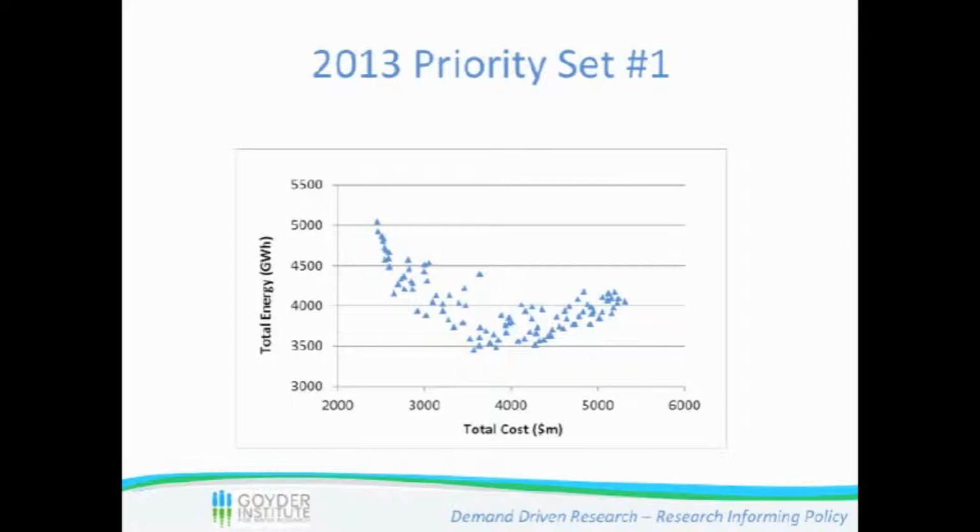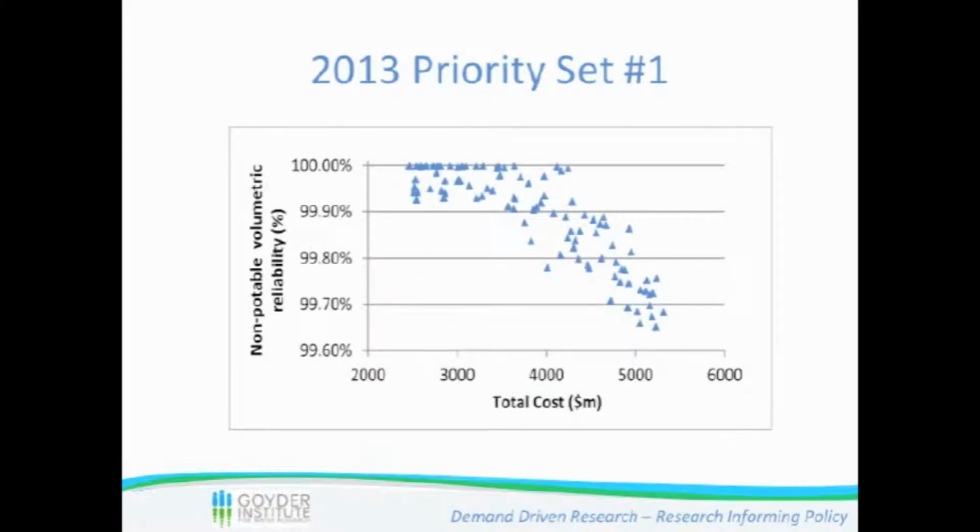And what you see is an interesting fact that as you spend more money, you can actually reduce the total amount of energy used by going for more energy efficient solutions that actually may cost more money. But then eventually you reach a point where the energy becomes minimum and the energy and costs start to increase. And that is reflected by starting to develop new, more marginal stormwater schemes and using more wastewater harvesting, wastewater reuse.